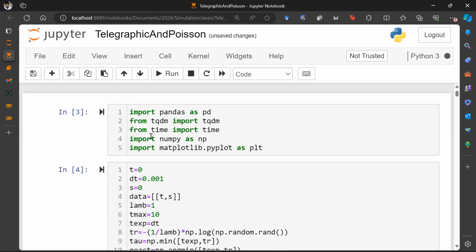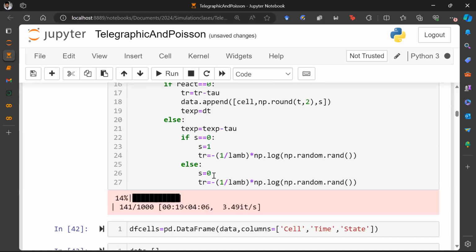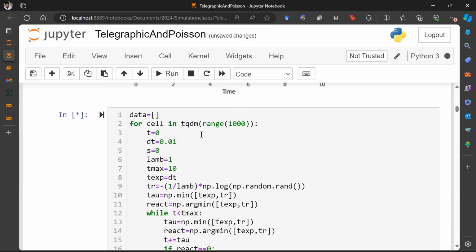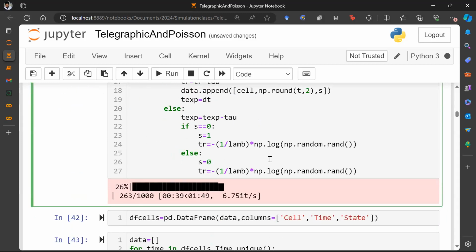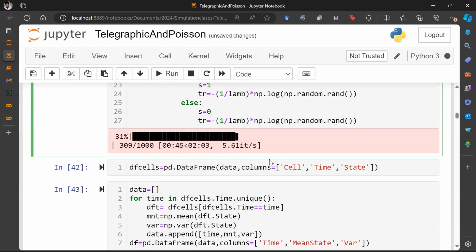Here I use this library TQDM that gives you the current progress of your simulation. To use it, instead of using for i in range, I use for i in tqdm of range. And that's it. This shows how much time you need to finish.